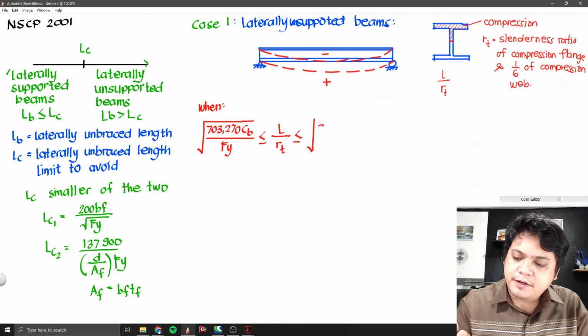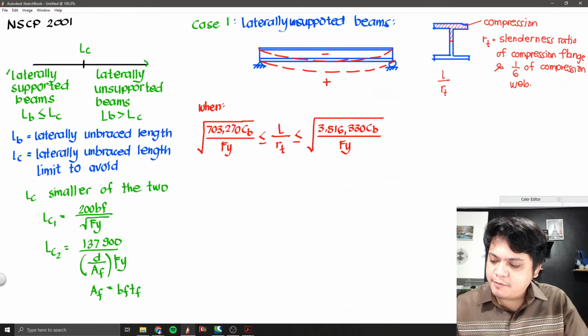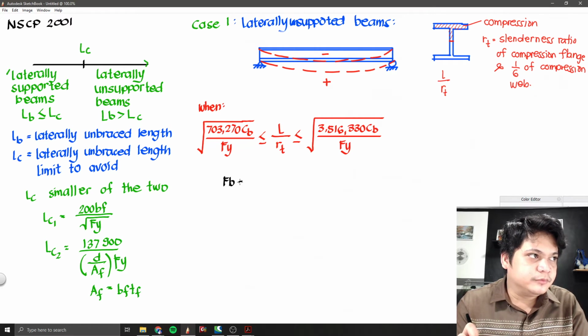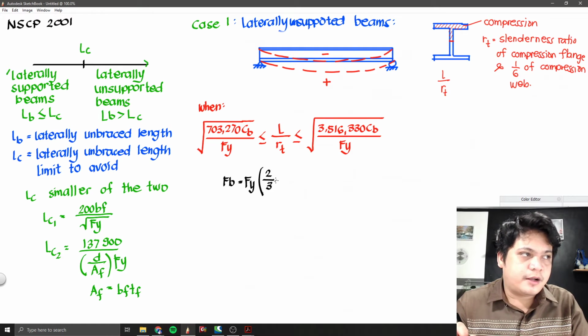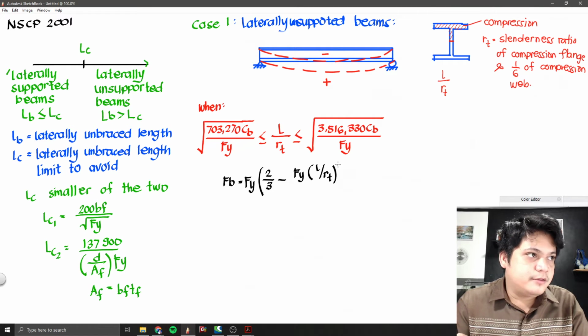We will have here 3,516,330 CB over Fy. When that is the case, the FB we will use is equal to Fy multiplied by 2/3 minus Fy multiplied by L over RT squared.